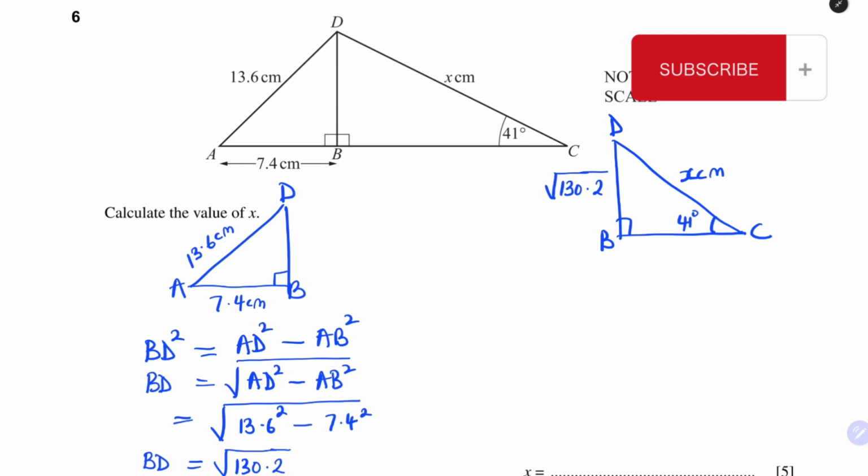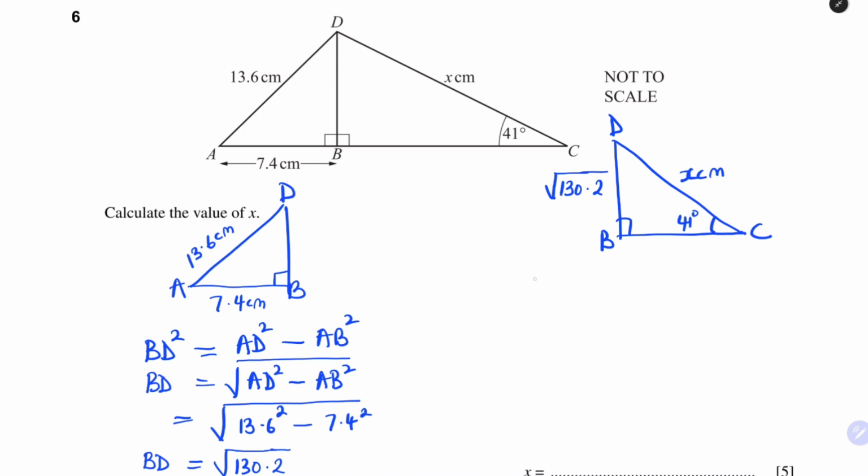Okay, now that we have done that, we now see clearer with our triangle BCD. We can find our X. What trig ratio will do the job? As far as this angle C is concerned, this side BD is the opposite, whereas CD is the hypotenuse. Which trig ratio connects the opposite with the hypotenuse? That is sine.